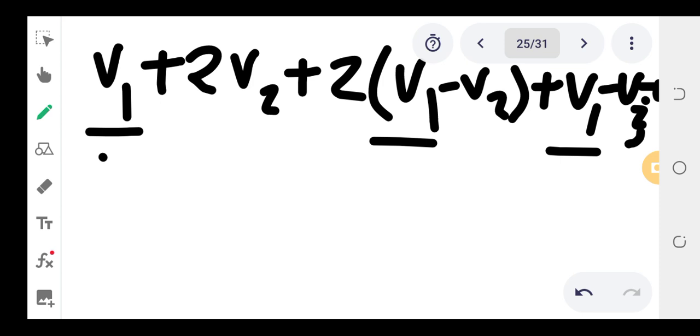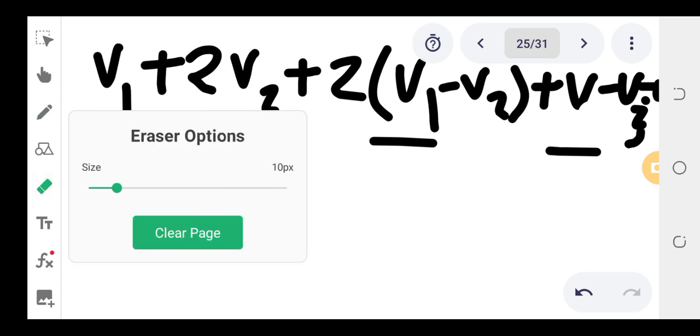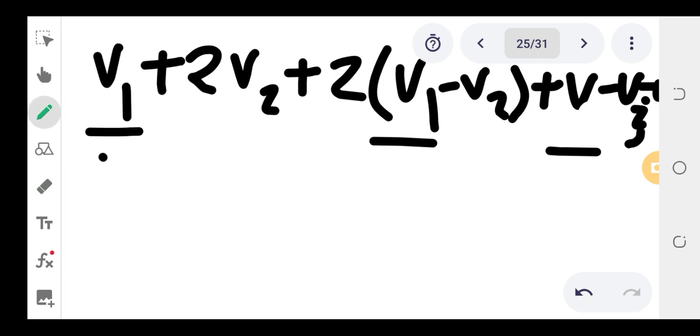This one is not supposed to be V1. I've made a mistake somewhere. Okay, this one is supposed to be V2. So I'm getting V1 plus 2V2.